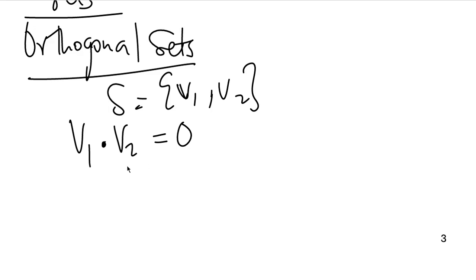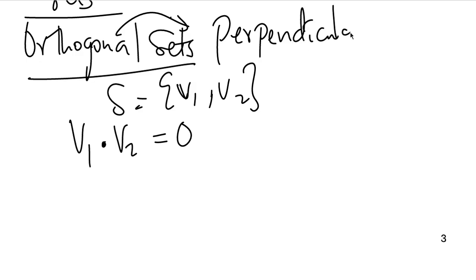I know that if you've watched the previous video, you see that if we have two vectors and their dot product is 0, that means they are perpendicular. And we related the term orthogonal to what's perpendicular. We said that if you don't use the term orthogonal, you could use the term perpendicular, right? So v1 and v2 are going to be perpendicular. So let's say we have something like this now, a sample vector like this.